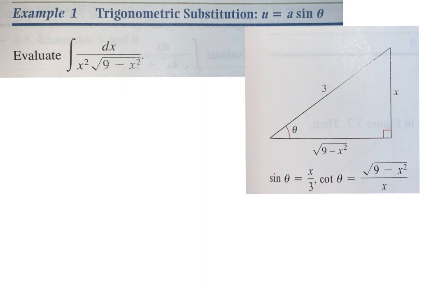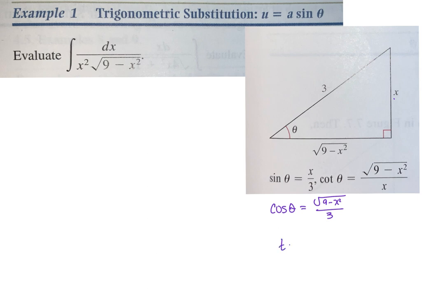Based on this angle, they have set up sine and cotangent. Now you will not automatically go straight to sine and cotangent necessarily. What you're going to want to do is list your trig functions. The sine of this angle is opposite over hypotenuse. The cosine is that radical adjacent side over the hypotenuse.